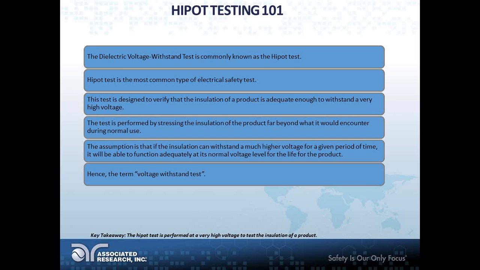And the assumption here is that if the insulation can withstand a much higher voltage for a given period of time, it should be able to function adequately at its nominal voltage or normal voltage level for the lifetime of the product.